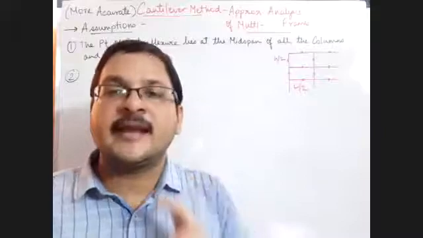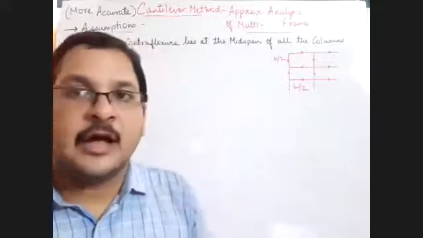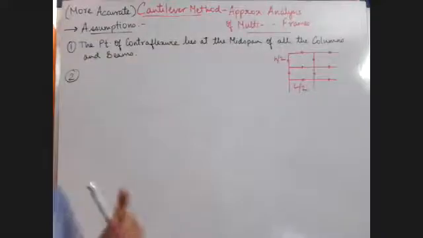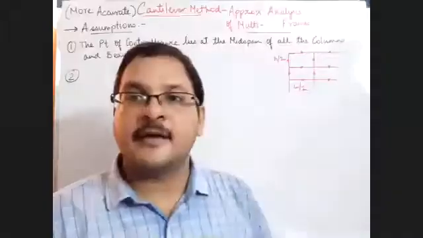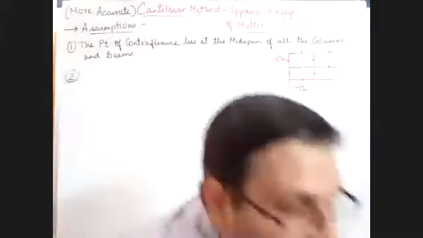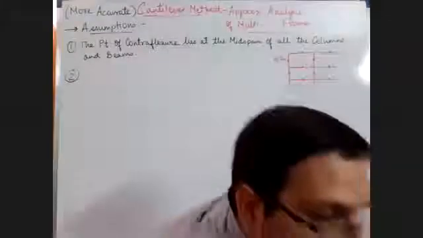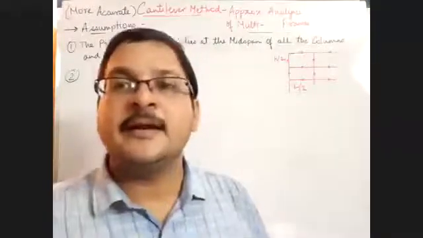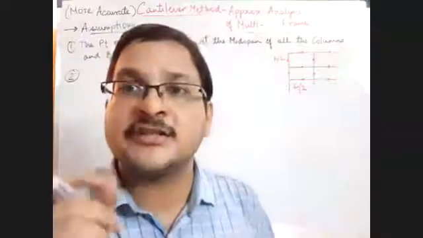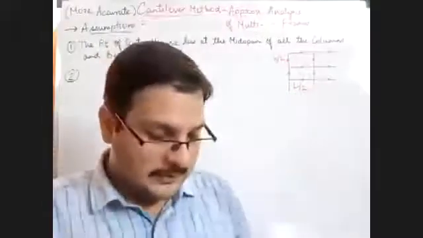So the second assumption is, write down the axial stresses. Before that, in portal method, if you remember, we did not use the concept of cross-section area of the column. Did we use it?